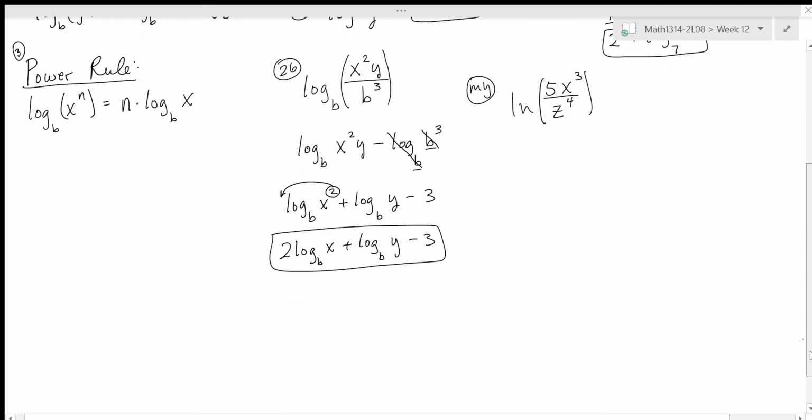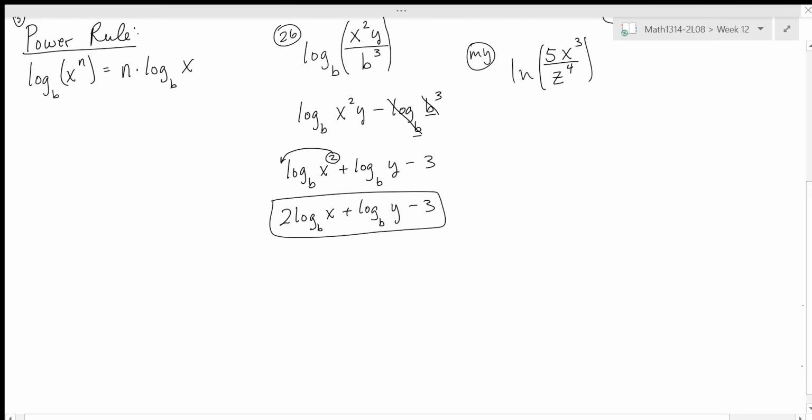It's possible that you could see something like that on the next test. And you'll have to know how to expand. I think the key word that you're going to see in the instructions will say expand. And that means we want to separate it up into many logs.